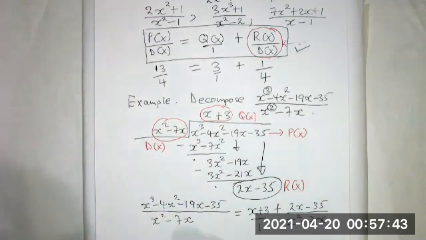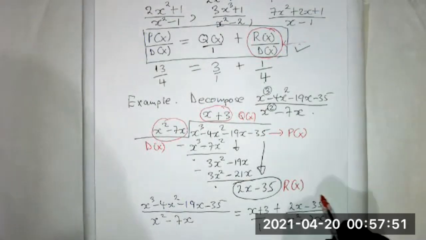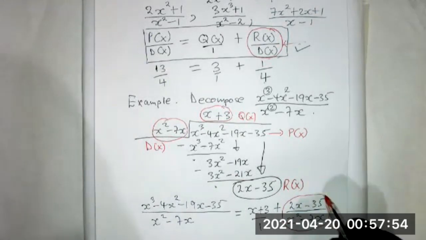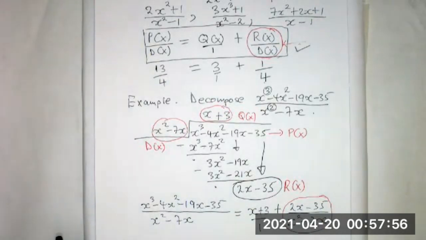You can see that already this expression is now slightly partial, except that the last part, which is this one, is still composite. We need to split it. So that is what we are going to split now.